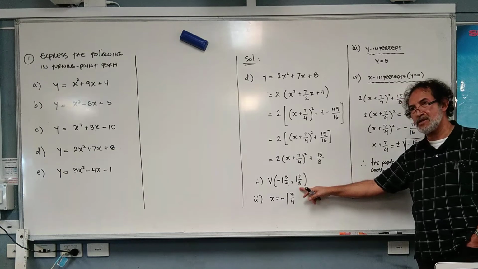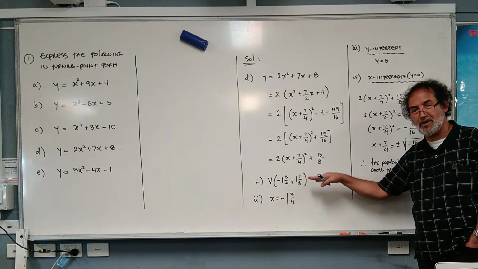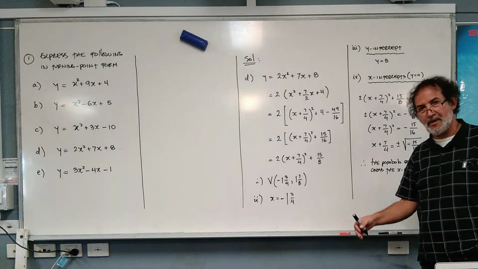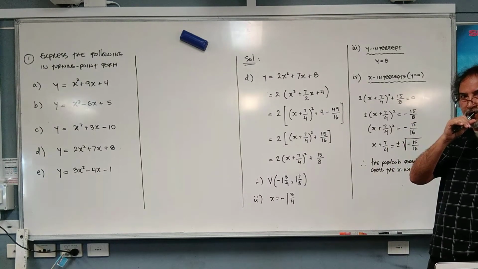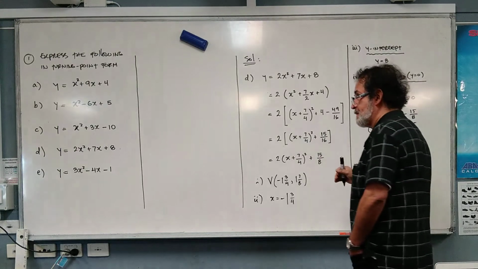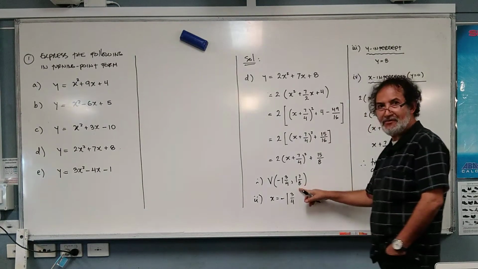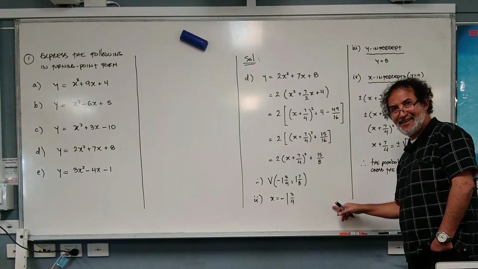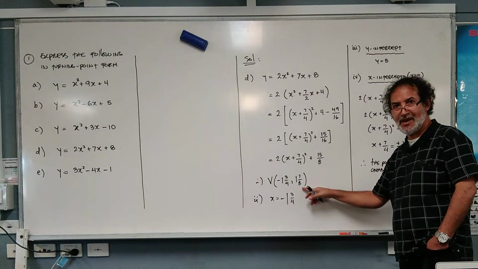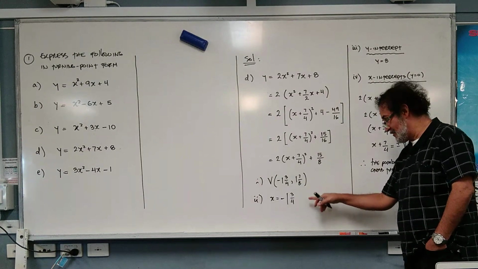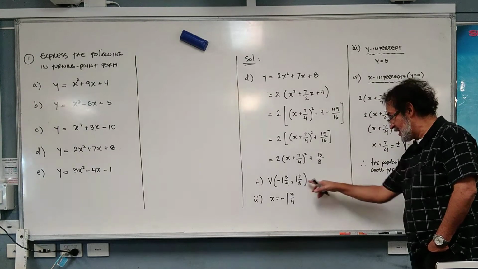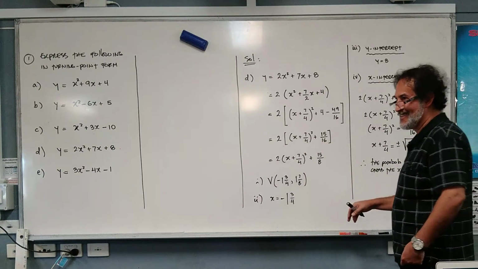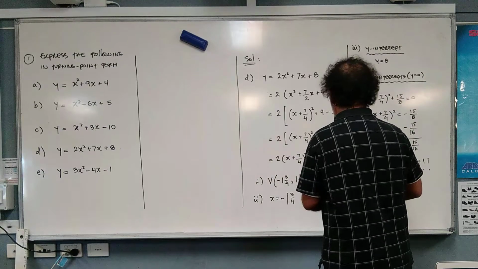If the y value from the vertex is positive, you know that the parabola is above the x-axis, so it doesn't cross. But you've got to be careful, because if the parabola is upside down, it's exactly the opposite. So if it is concave down, then this number.